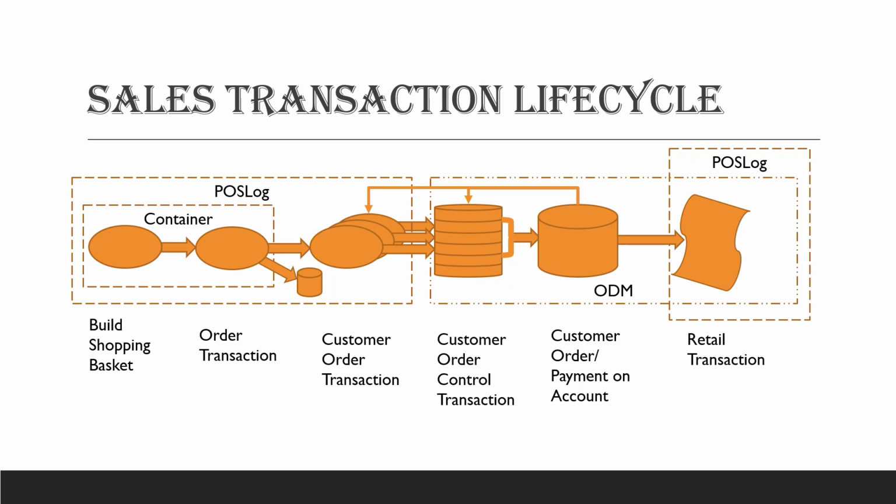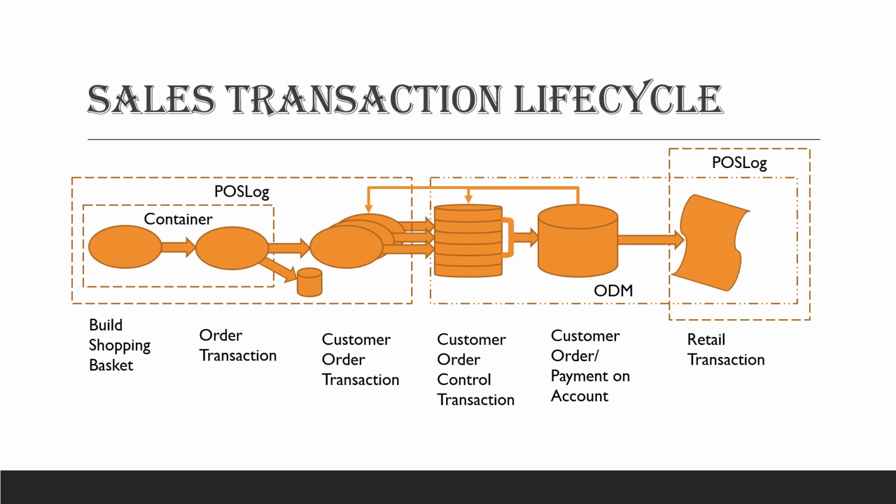So again, we have each one and we have the full history of what has transpired. The customer order control transactions get summarized into a customer order or a payment on account. Now they separated the payment on account because of the sheer volume of information associated with payments, and they didn't want to necessarily duplicate that.